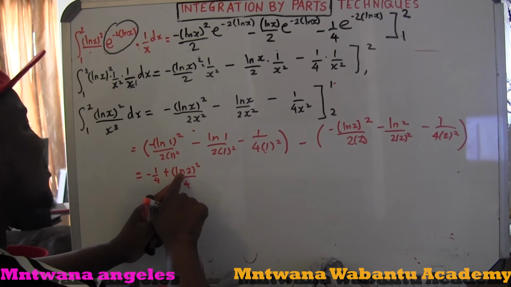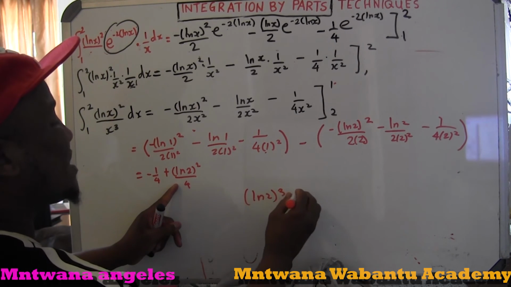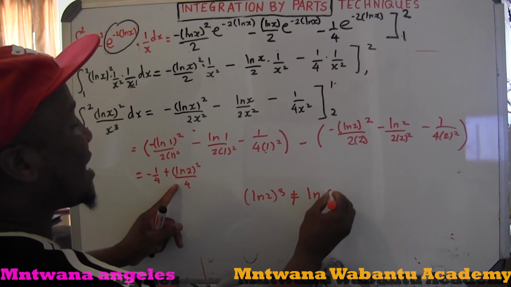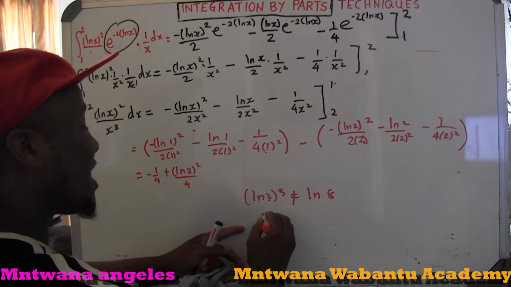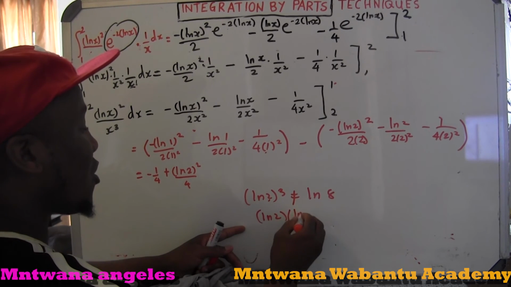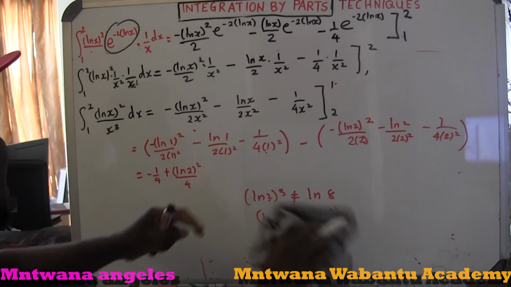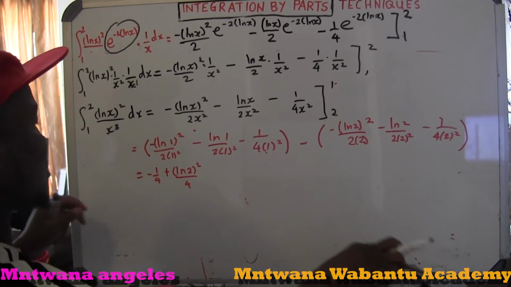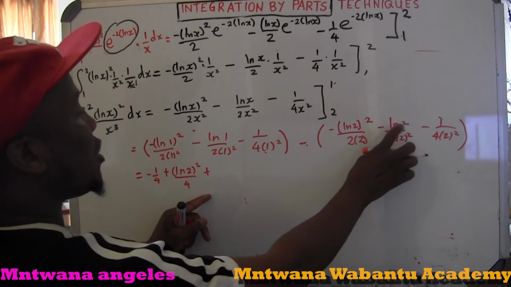Please do not say ln of 4 here. If you have ln of 2 cubed, it is not equal to ln of 8. This time it's ln of 2 times ln of 2 times ln of 2. That's why I leave it how it is here. So now negative, negative is going to be plus ln of 2.